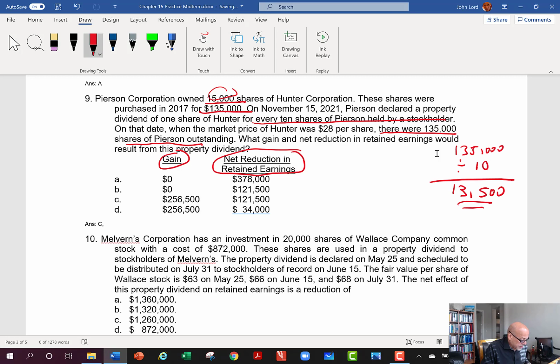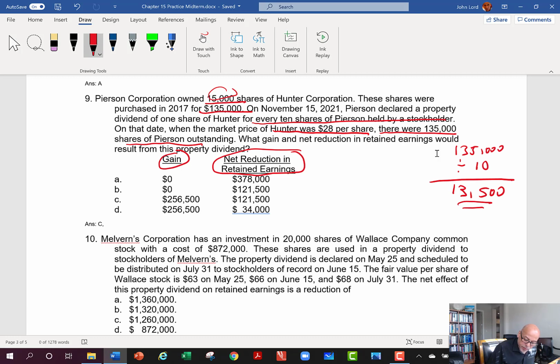Okay, so if I'm at 13,500, they tell me that Hunter was selling for $28 per share. So I'm going to have to calculate the gain on those 13,500 shares, because you have to calculate the gain and then you distribute the dividend.